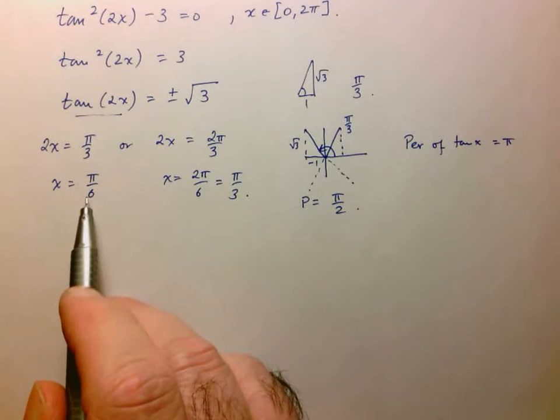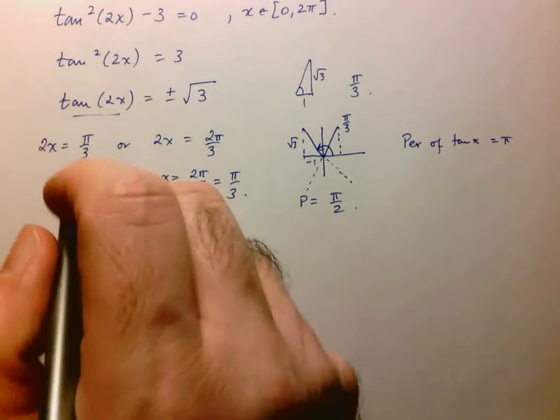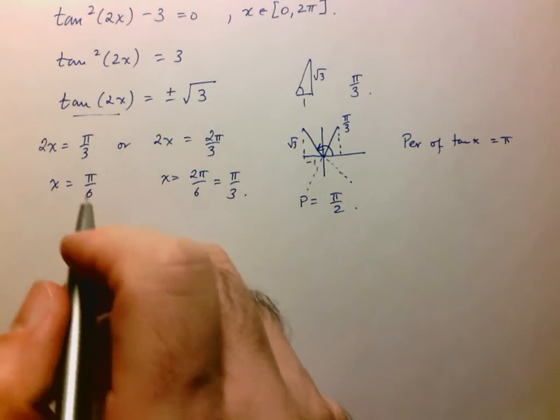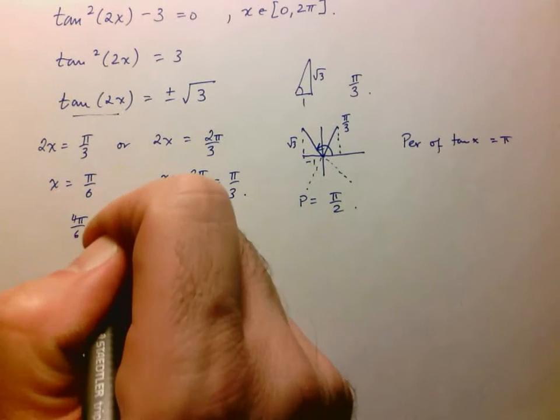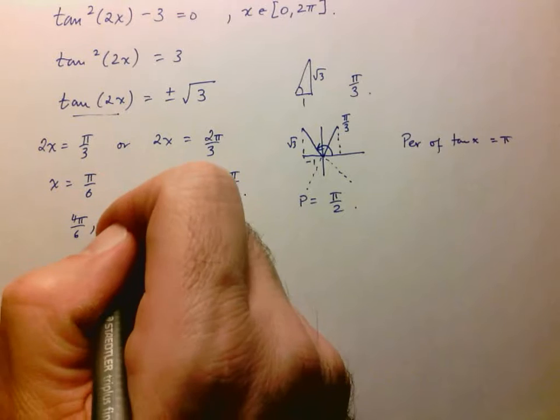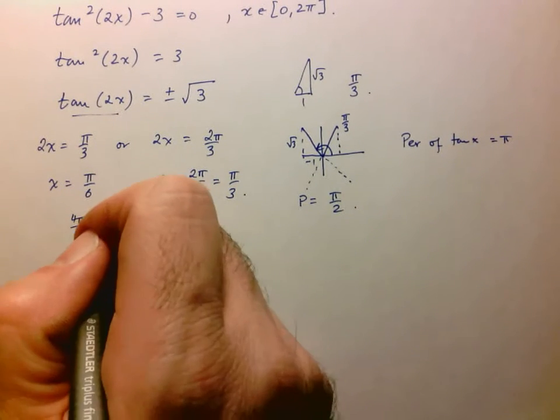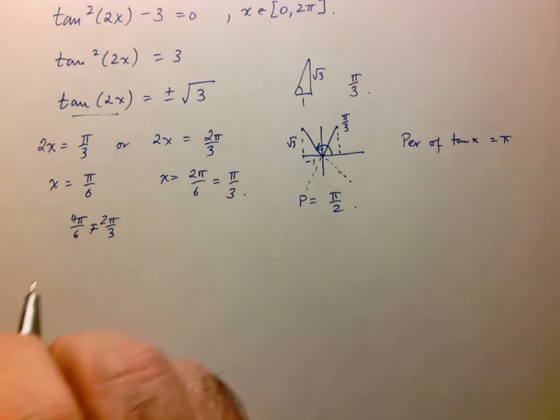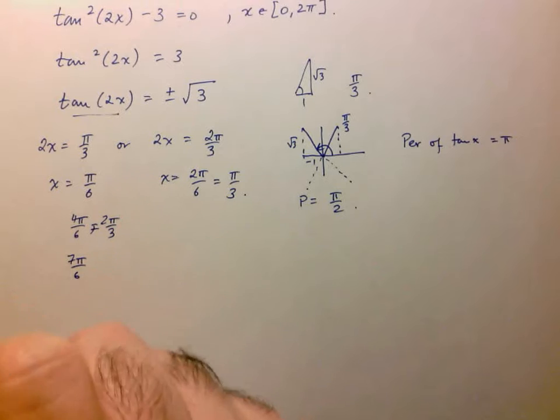So in this case, let me think of it as 3 pi over 6. Okay, so pi over 6 plus 3 pi over 6 is 4 pi over 6, which of course is just 2 pi over 3. Okay, let me add another 3 pi over 6, so that's 7 pi over 6.